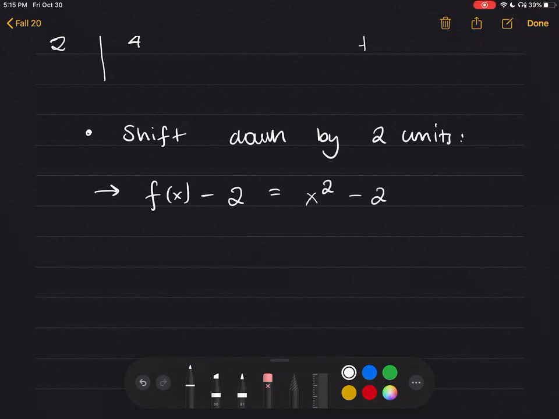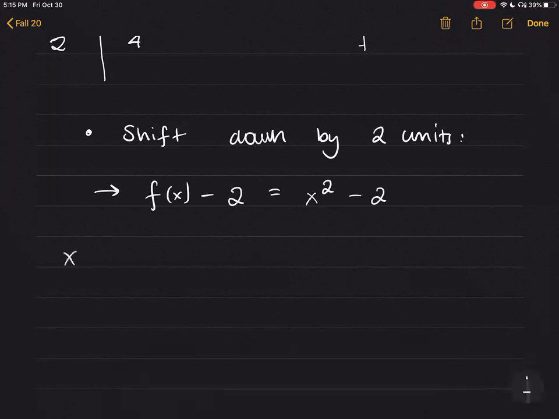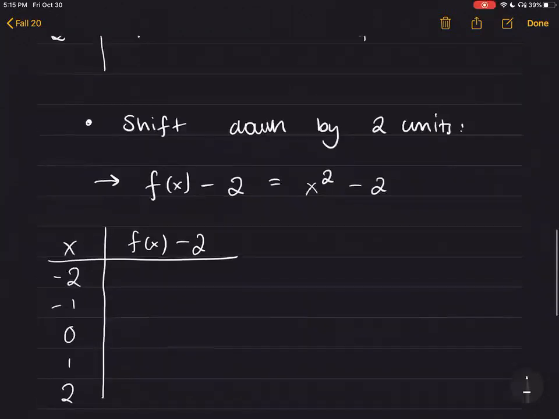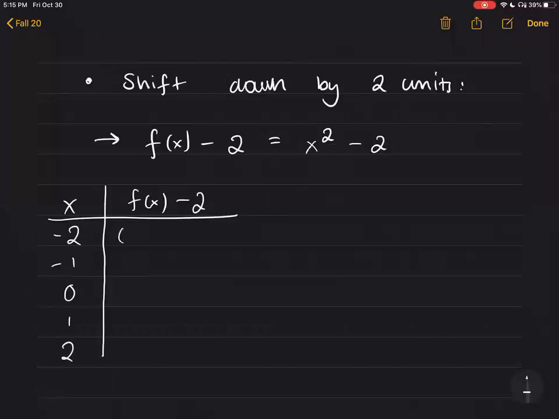All right, now let's graph. We will graph it, but first let's look at the points when we plug it in. So we'll do the same ones: -2, -1, 0, 1, and 2. If we plug it in, -2 squared minus 2 gives 2.